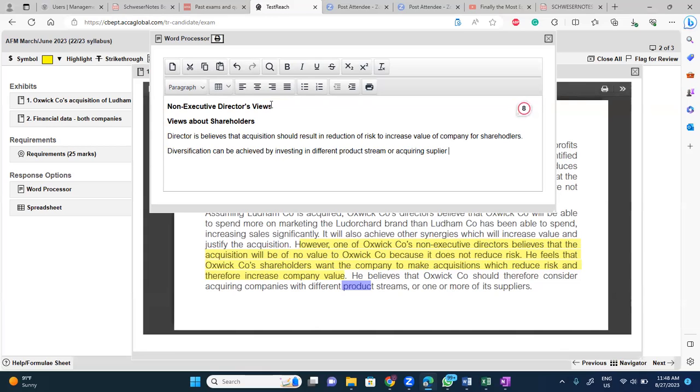That was the idea of the director. If the company is able to reduce the risk, it will reduce the required return and increase the company value. So that was the belief of the director. Now you have to discuss it.